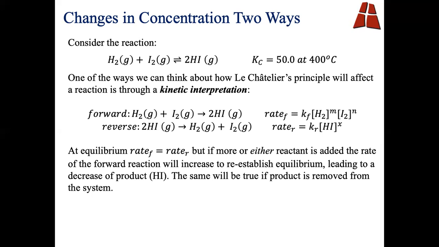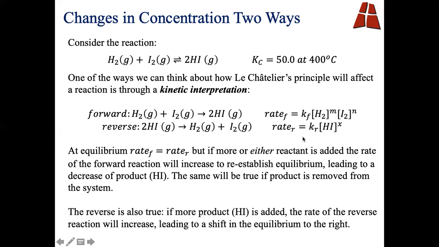It will also decrease the rate of the reverse reaction. And so this will ultimately decrease our product HI, the reverse reaction there. And the same would be true if our product were removed from the system. So adding reactant or removing product would cause the same effect.